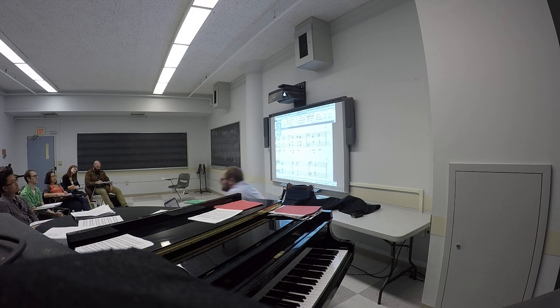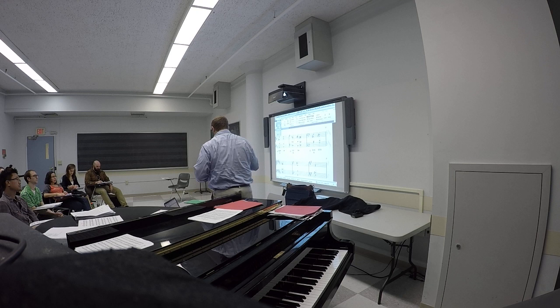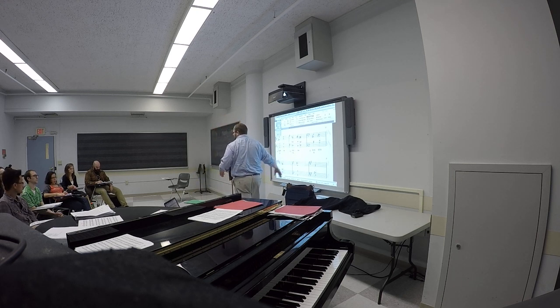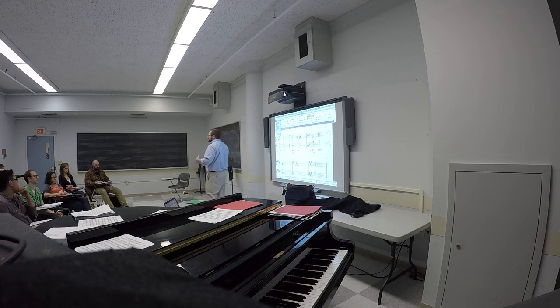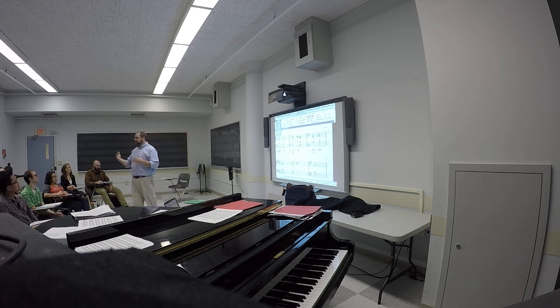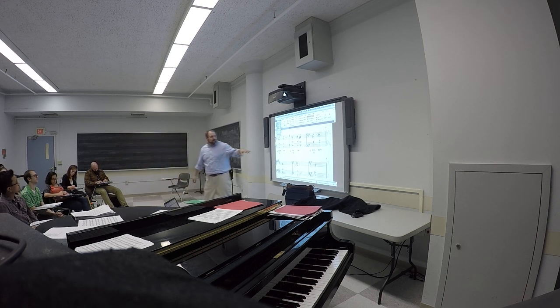Okay. Basically, if you ever want to look at this as a chromatically altered predominant, anytime you have a chromatic altered predominant that is going to move to a dominant 7 instead of a triad, the note that was the local leading tone that would have gone up by a half step will come down by a half step to become the 7th of the following chord.